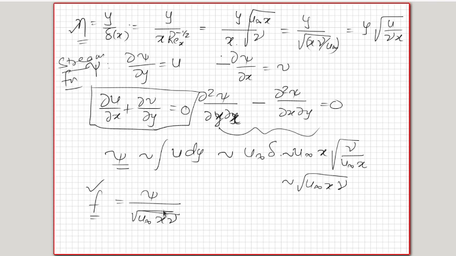So what does the mathematical treatment then become? Now that I have defined the value of η, let me take the next fresh page and do it. So η is equal to y multiplied by the square root of u∞ by νx.